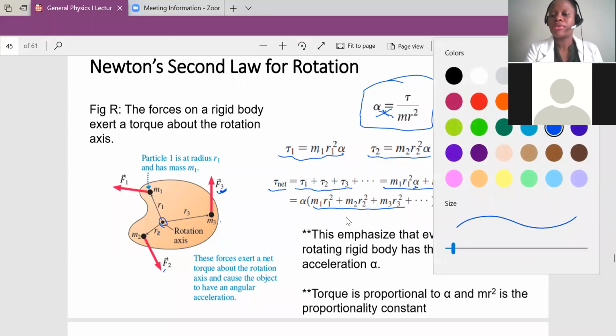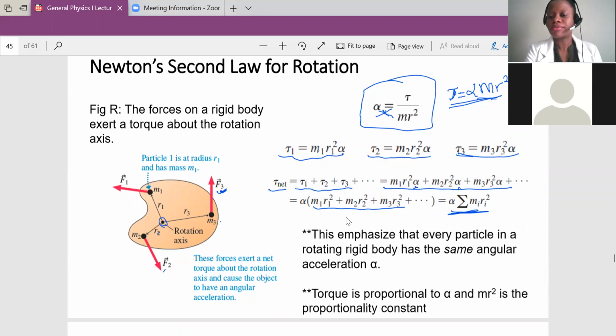The fact that we brought out the angular acceleration also reiterates that the angular acceleration is constant, or the same, for every particle in that system. They will have the same acceleration.